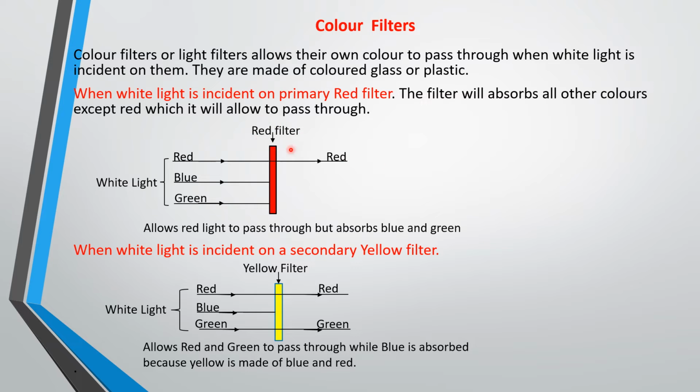So this filter will allow only red to pass through, while it will absorb the other two colors. It will not allow these two to pass, it will absorb these two and allow only red through. So if you have a red filter and white light is incident on it, you have red color.